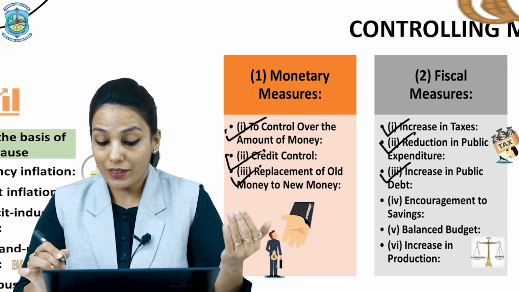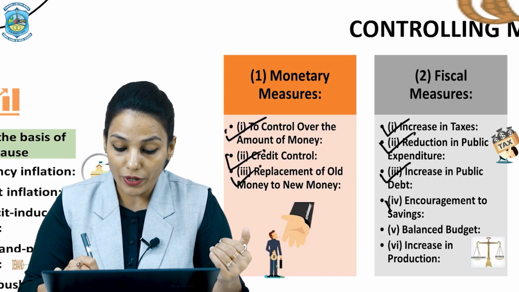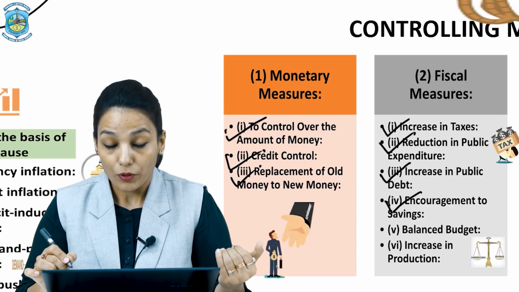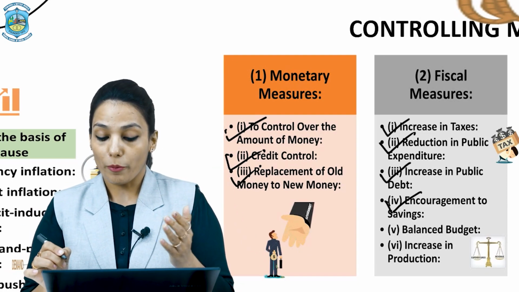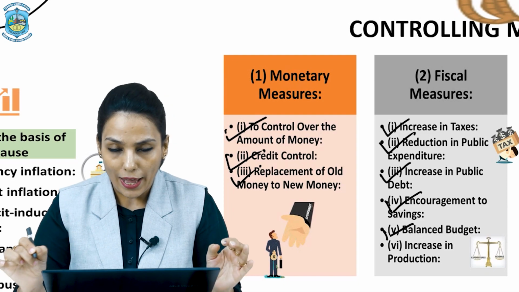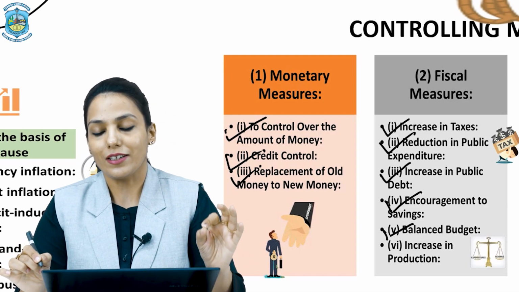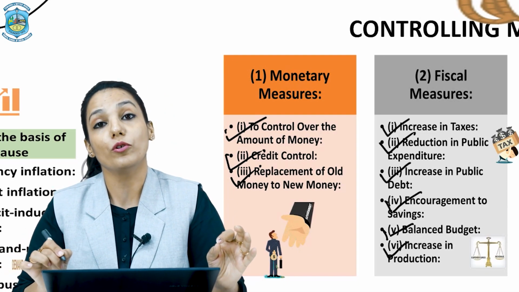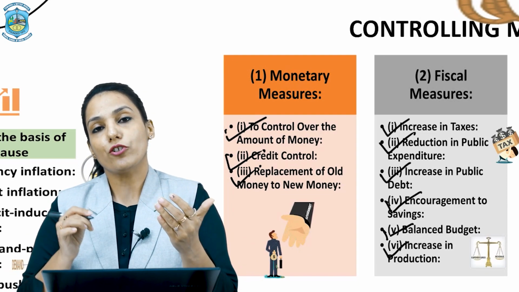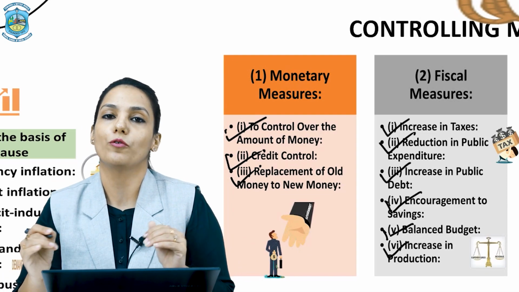Or the government can use methods to encourage savings. The government can also go for a balanced budget and ensure increase in production of goods and services if the inflation is led by a shortage of goods and services.